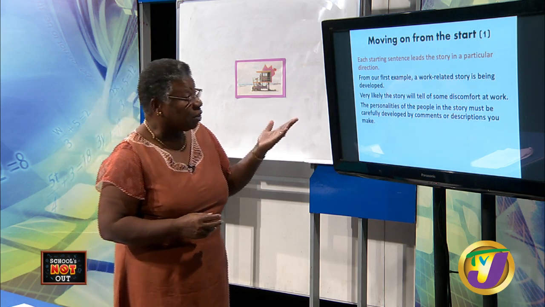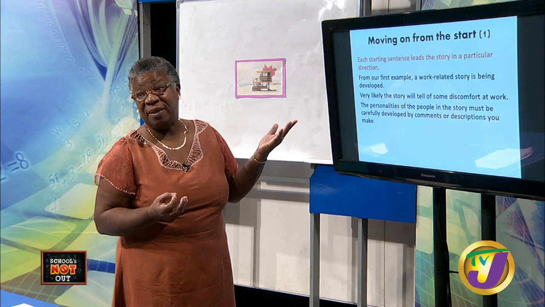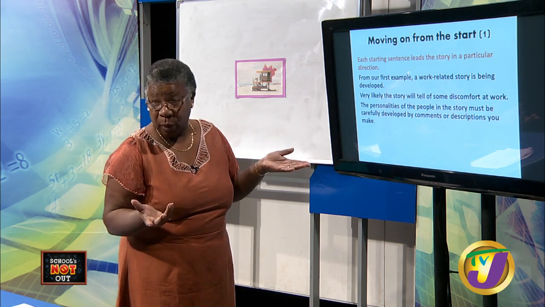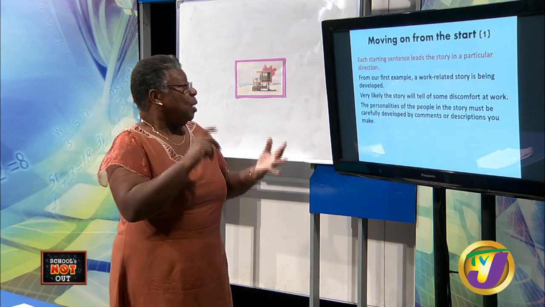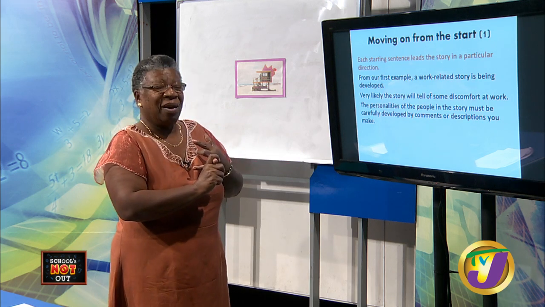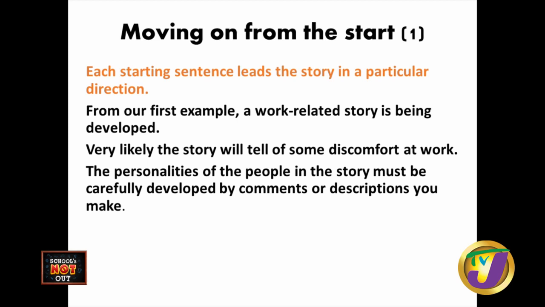The first of our stories, where we heard somebody say they wish they could skip work, you know it's a work-related story. You also know that there has to be something about the work environment that makes the person want to skip.